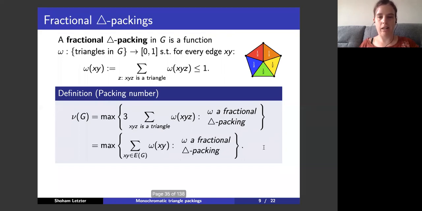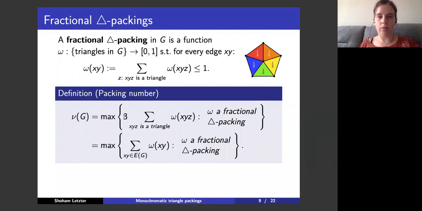Or equivalently, this is the maximum of the sum of the weights of the edges over all fractional triangle packings. So a few remarks here. Usually this mu is used to denote the integer version, so just the packing number, not the fractional packing number. And the fractional is denoted by a star here, but just for convenience, I use this notation.